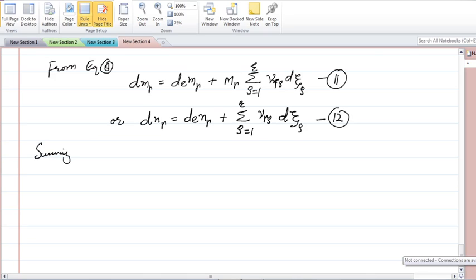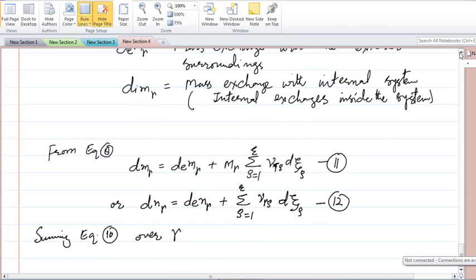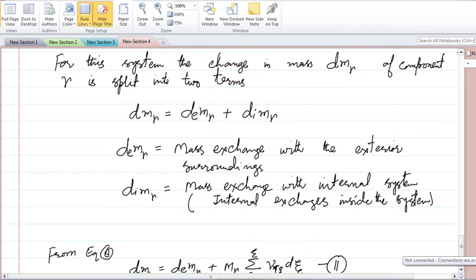Now summing equation 10 over gamma, this is basically equation number 10 here.